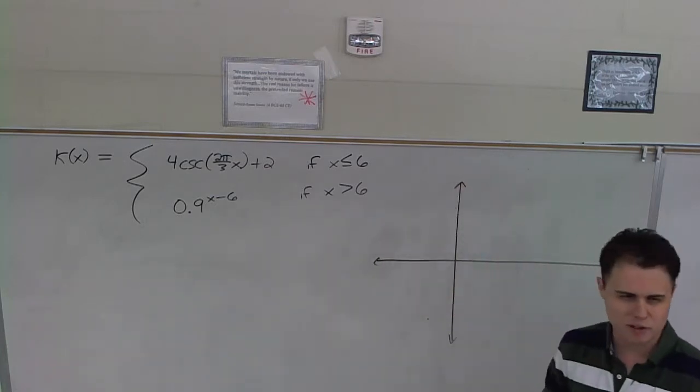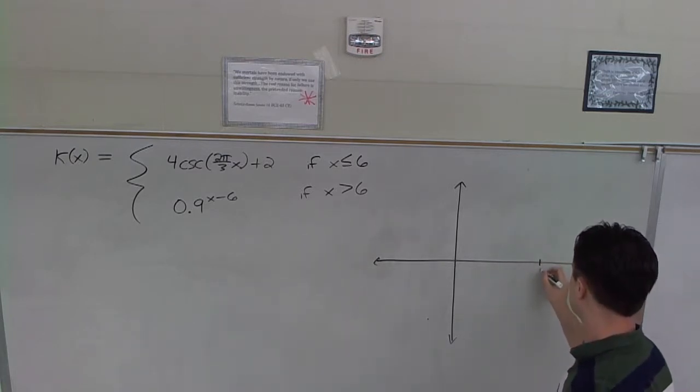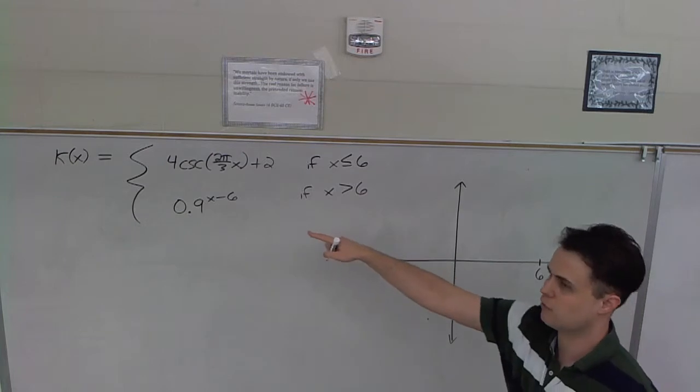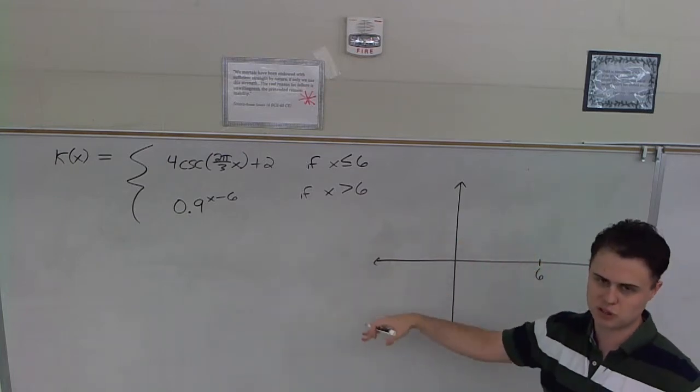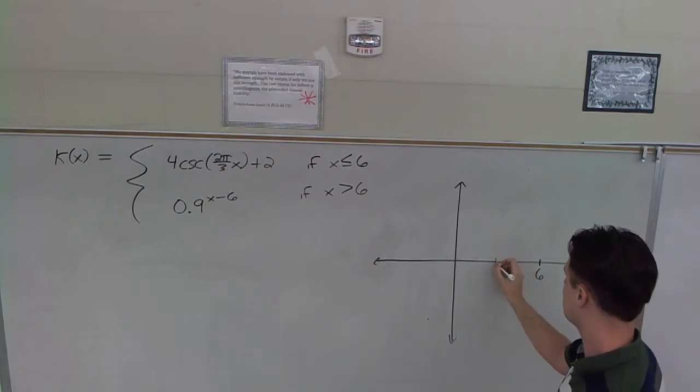When we start graphing it, what are we definitely going to want to focus on in terms of the domain of the graph? Where's the division between the two functions on this one? 6. It's at 6. So I'm thinking we're probably going to want to put 6 right here in the middle so we get that function after 6 and we can clearly see enough of the cosecant before 6. Okay, so maybe I'll scale it by 3s.